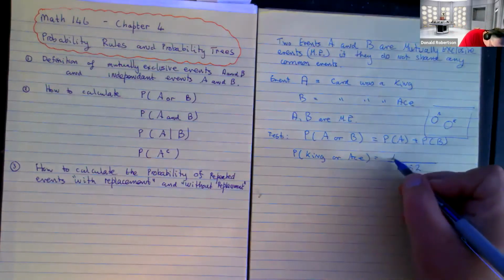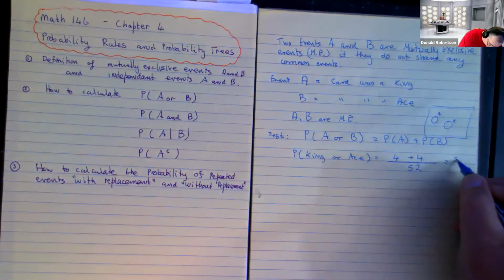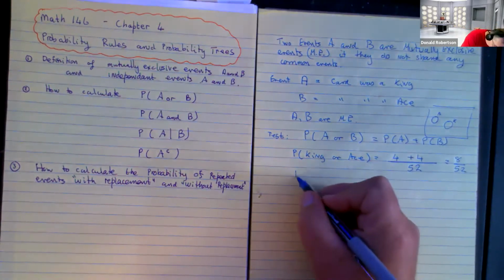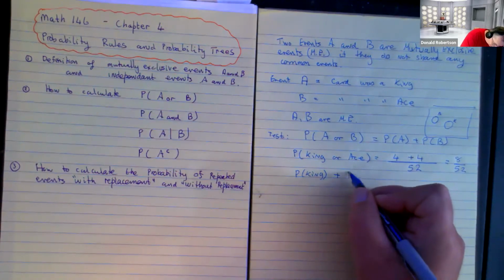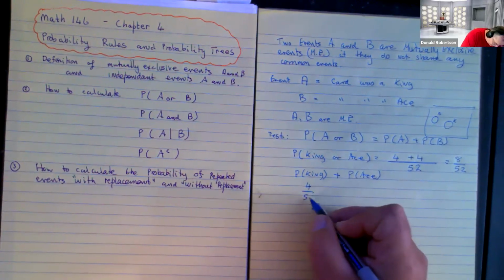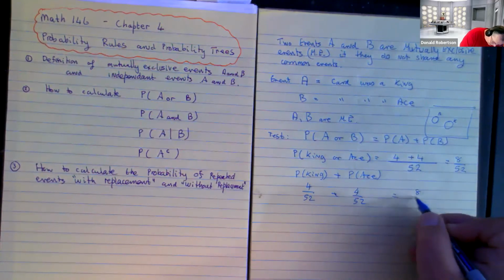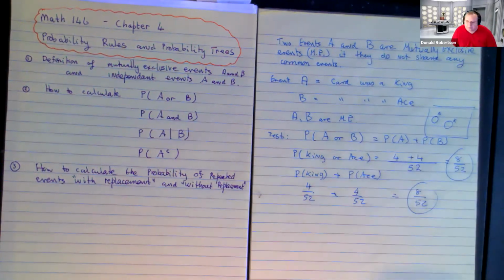So there are four kings in a deck, there are four aces in a deck, and that comes out to be 8 out of 52. Now, if I find the probability of a king, and I add the probability of an ace, a king is 4 out of 52, an ace is 4 out of 52, and that is also 8 out of 52. Now, the fact that these are the same proves to me that kings and aces are mutually exclusive.